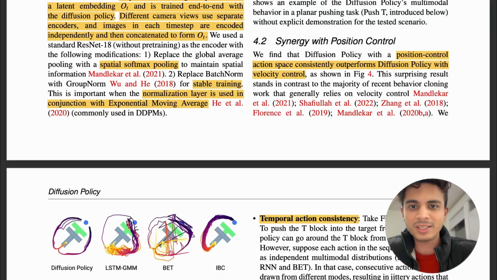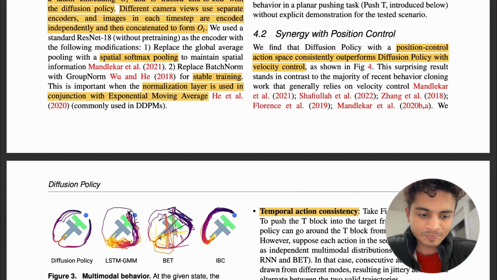First of all, they're replacing GAP, that's the global average pooling layer, with a spatial softmax pooling layer to maintain spatial information. So that's the first thing that they're changing. Secondly, they are replacing the batch normalization layer with a group normalization layer. I think if you understand deep learning to some level, you know what batch normalization is and what group normalization is.